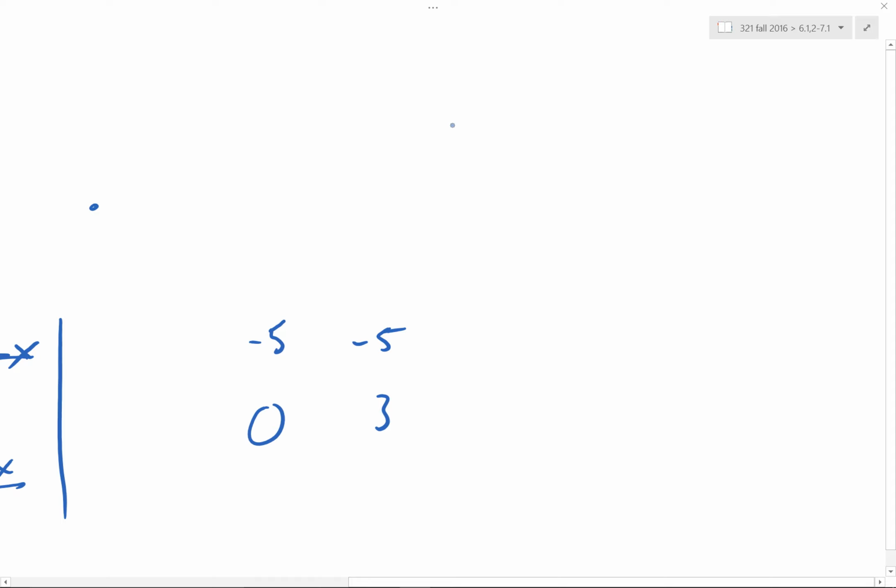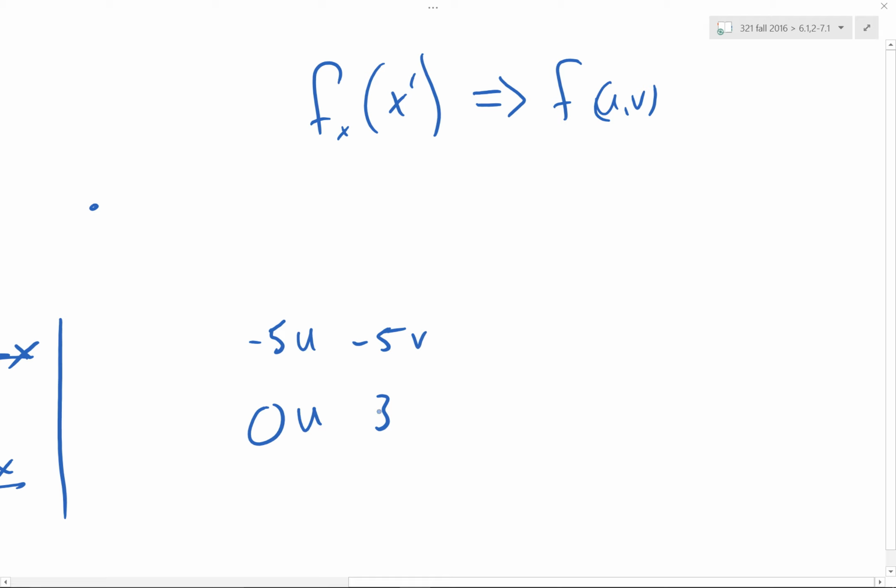When we do those partials, the partial derivative of x prime is going to spit out something that's a function of u's and v's now. So this is really 5u minus 5v and 0 u's and 3 v's. Technically it's not x's and y's anymore, since we took the derivative and got rid of the constants and the fact that things were x squareds and so forth. Okay, so that's what that means.